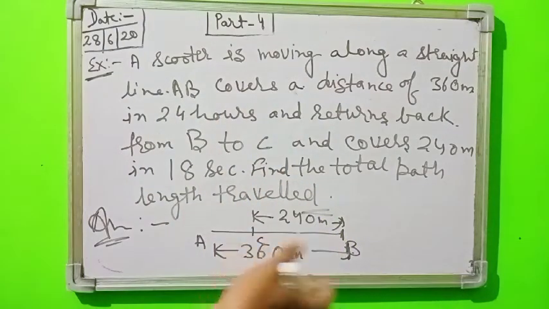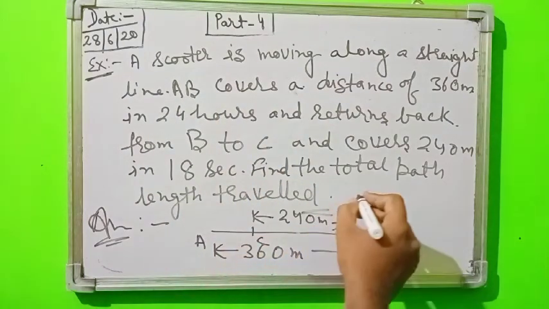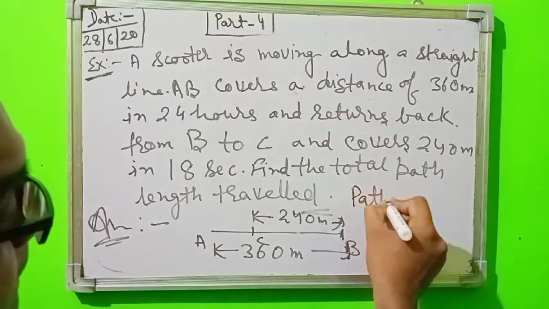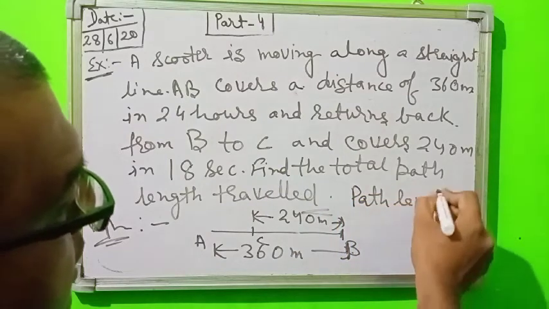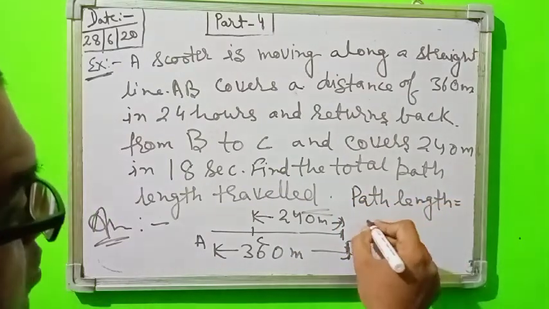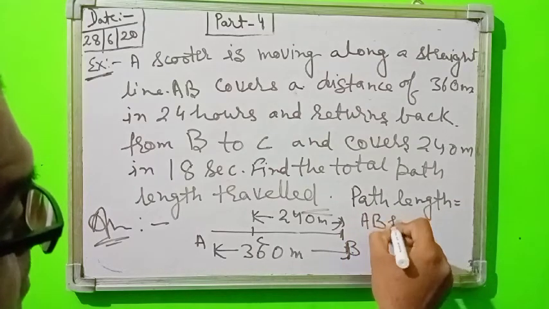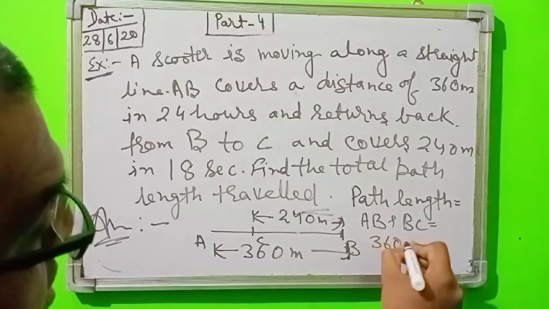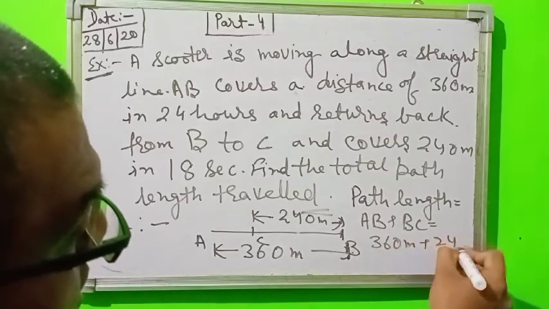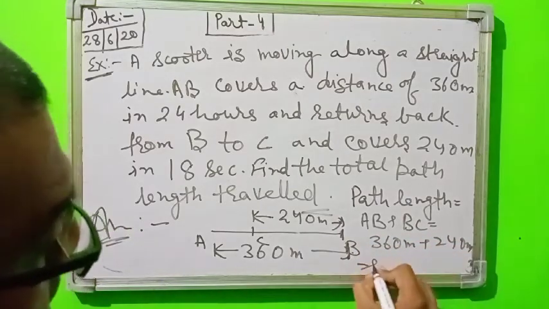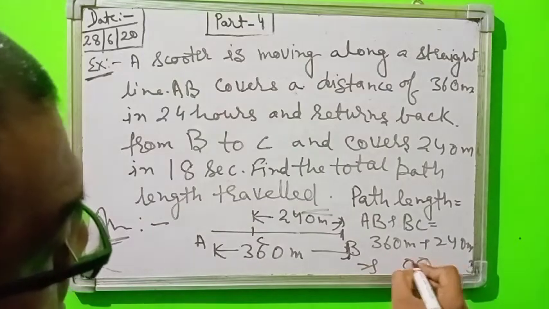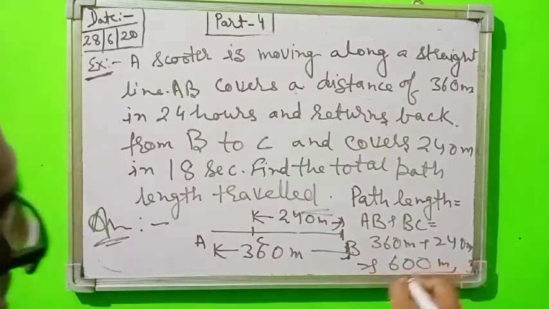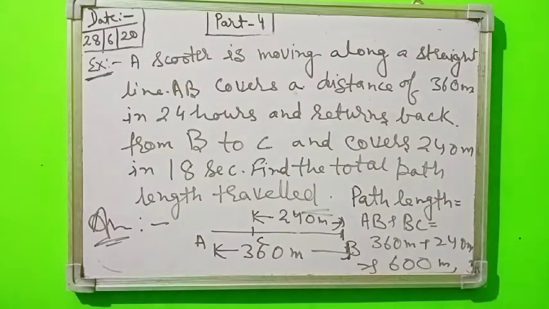Since it is path length, simply adding path length is equal to AB plus BC, which is equal to 360 meter plus 240 meter, and it is 600 meter.